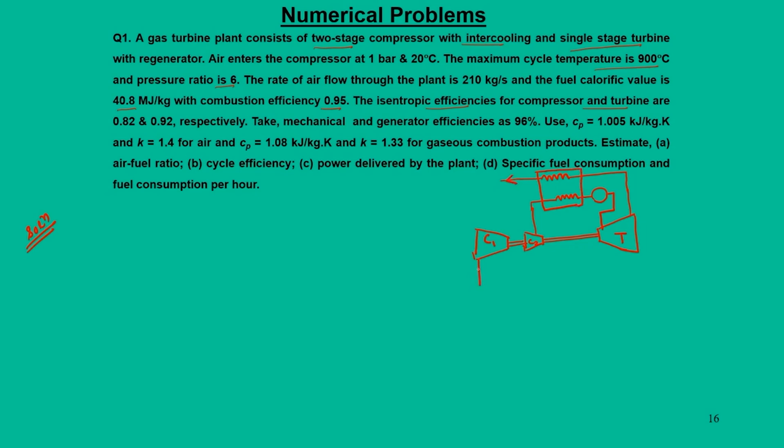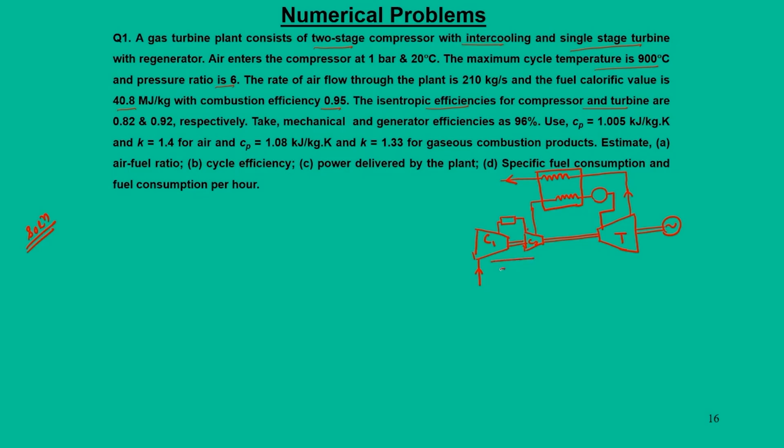So, air comes from the atmosphere, turbine exhaust goes out and side by side it produces power when it is coupled with generator. So, in between the first stage and second stage compressions there is an intercooler.